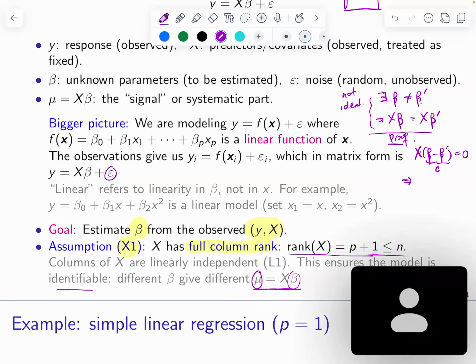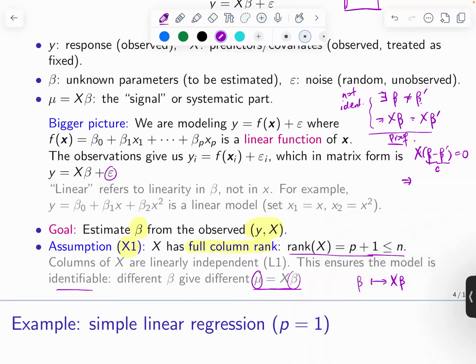Because I know the columns of x are linearly independent, I can conclude something about this c. The linear combination of the columns of x has turned into 0. Yes, c equals 0 by linear independence of the columns. That's the full rank assumption. And c being 0 just means that beta is equal to beta prime.